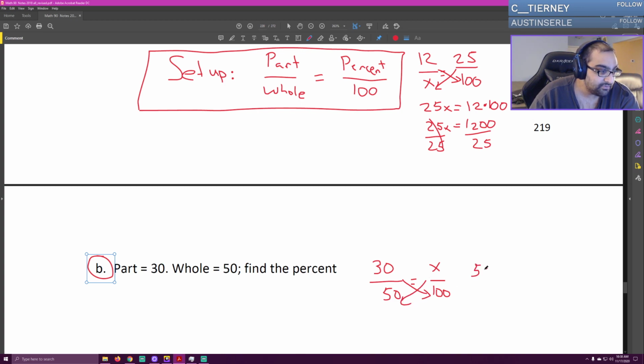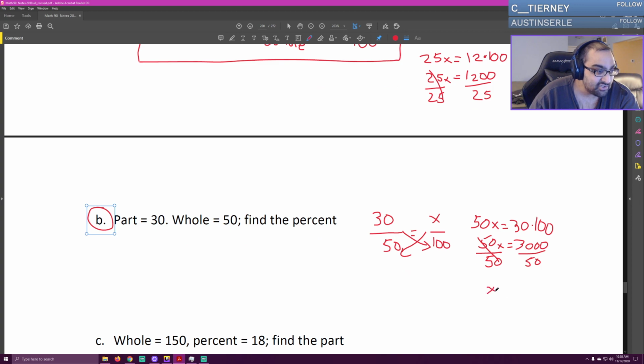So here we get 50 times x on the left-hand side, and 30 times 100 on the right-hand side. So here we get 50x equals 3,000. Divided by 50. And if we do that out appropriately, the correct answer is indeed 60.